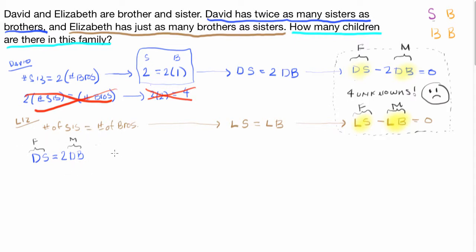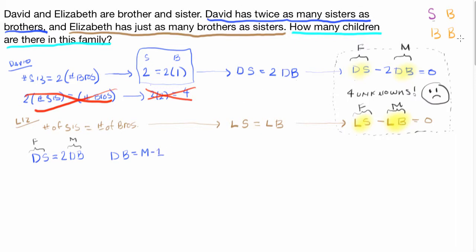When we say females and males, if we're counting this statement as total females and total males, for David, remember we're in blue, we have to keep in mind that for David's brothers, how many brothers would he have? Well, he'd have the number of total males minus 1.